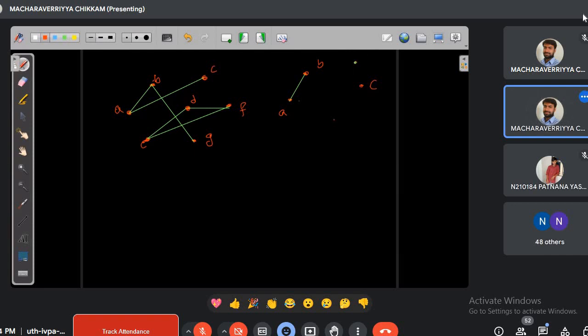You take G here. B to G and A to C. This is one part. The other one, let me denote the vertices D, E, F. Alright. So now the edges are this. So now I can rewrite this graph into two separate parts, two separate connected graphs.